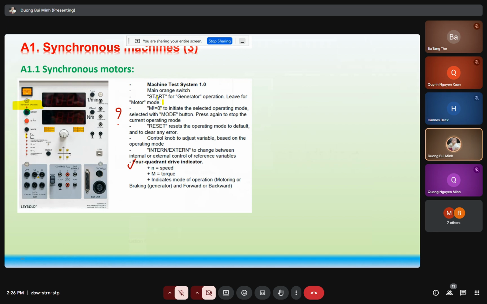Look here, we start, we press the start for some time, and then you can see the light is turned off, and this is the generation mode. Otherwise, when you don't press the start when you open the switch, this control unit operates in the motor operation mode. I think all of you understand because you already did the lab sessions of this course.